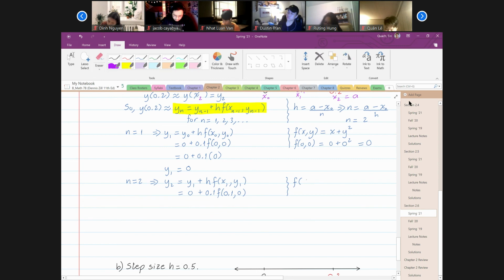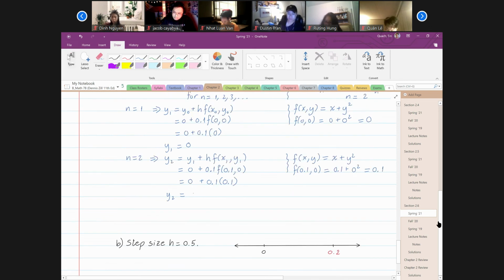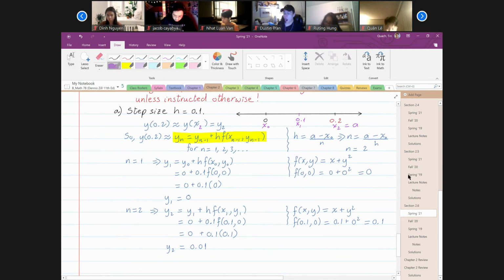You don't have to write every time, but I'm going to write right here so you won't get lost. So f of 0.1, 0 is 0.1 plus 0 squared, which is 0.1. So what I have is 0 plus 0.1 times f of 0.1, 0, which is 0.1. So y sub 2 is equal to 0.1. From here I stop, because I just need to get to y sub 2.